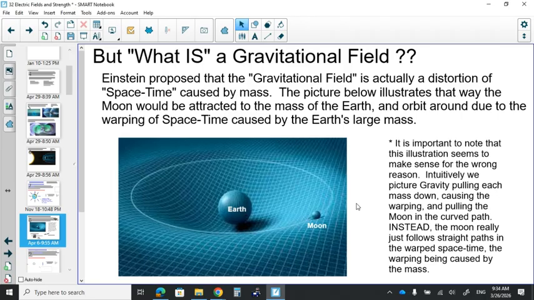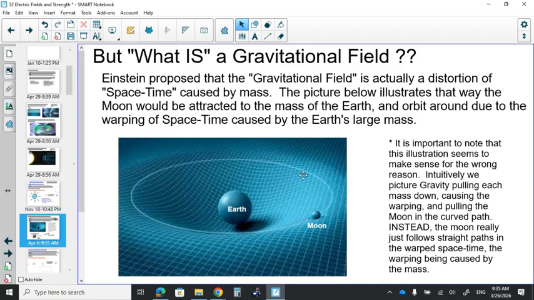If you go on further in this, Einstein essentially proposed the idea that a gravitational field is actually a distortion of space-time. And so the mass of the Earth causes space-time to warp, and same with the moon, and everything's traveling on geodesics, or straight lines in curved space, they call it.